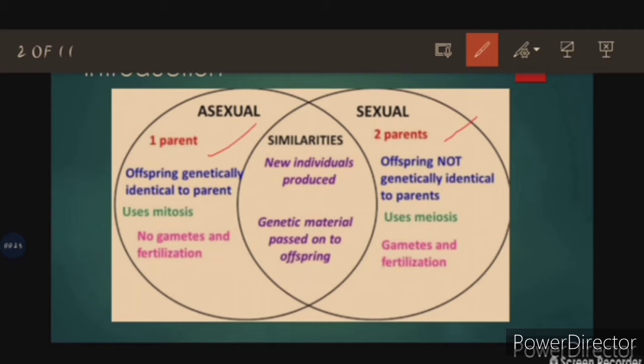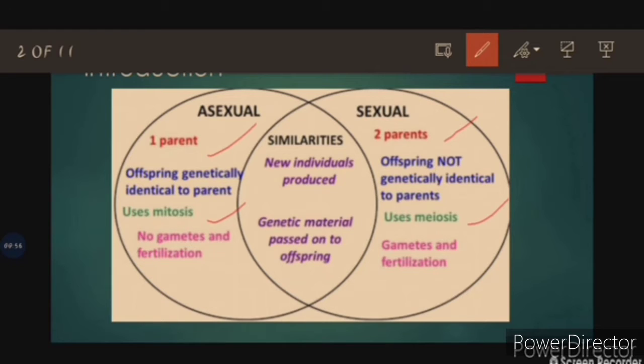During sexual reproduction, organisms or plants undergo only meiosis, that is meiotic division, whereas in asexual reproduction organisms undergo mitosis or mitotic division. That is, during asexual reproduction no reduction division takes place, whereas in sexual reproduction reduction division takes place, that is, the chromosome number reduces to half.